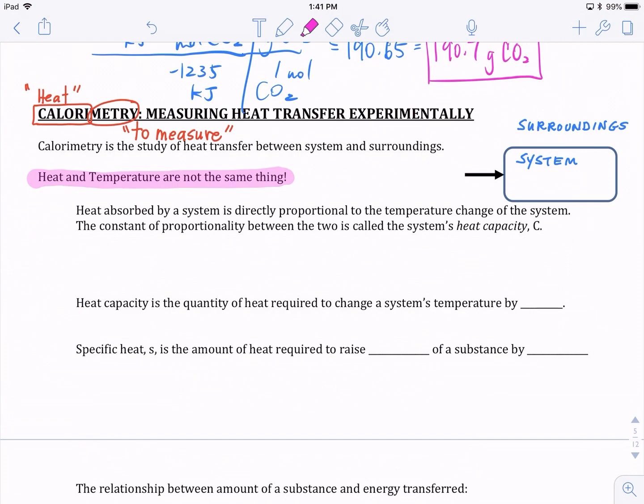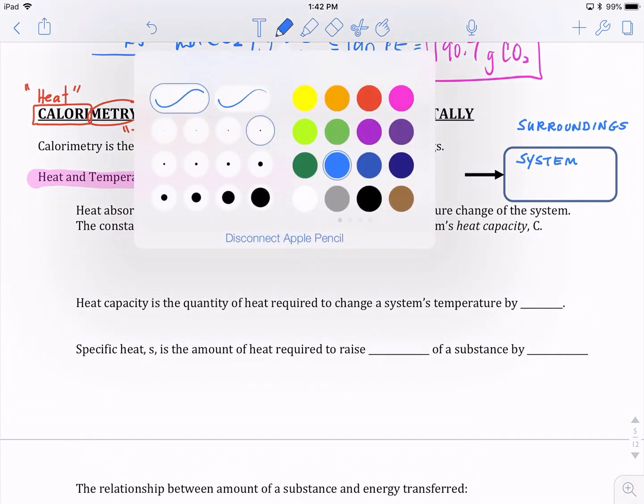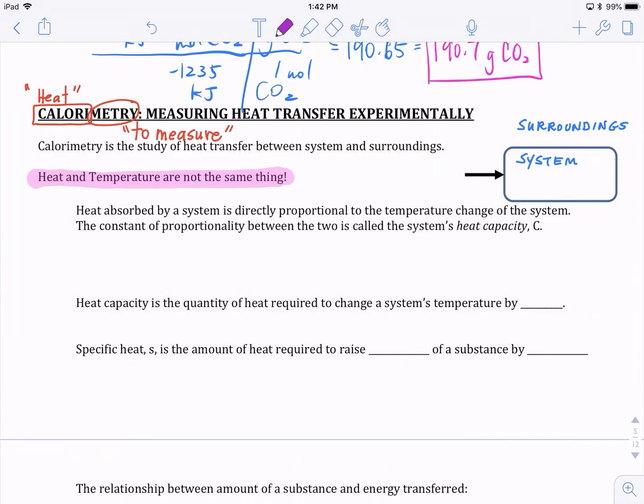So heat is that quantity that's required to change something's temperature, or required to be removed. So really, if you think about it, what's happening is if we increase our Q for the system, the response of the system is going to be an increase in temperature.